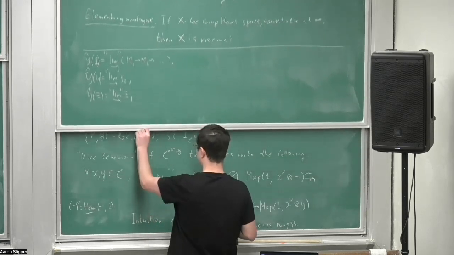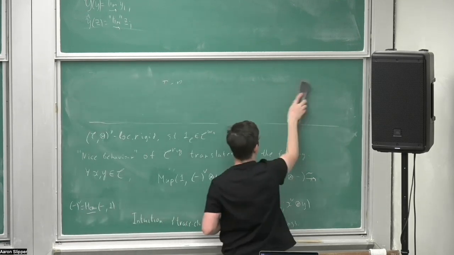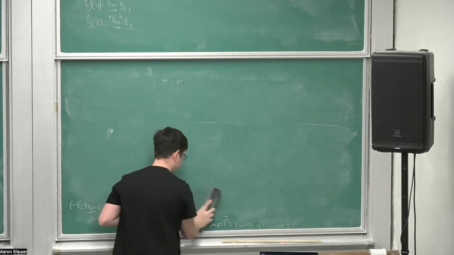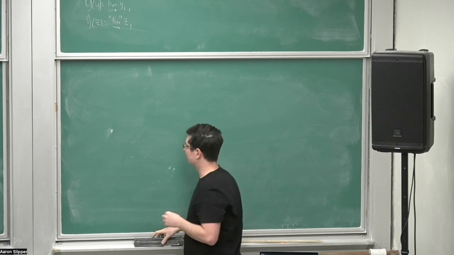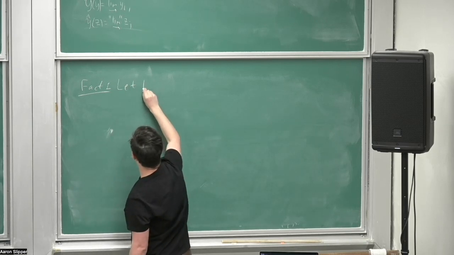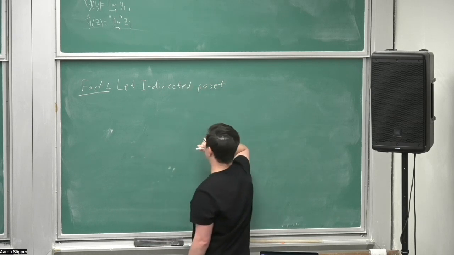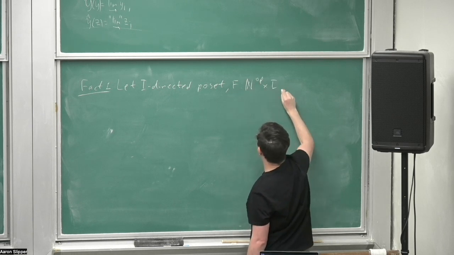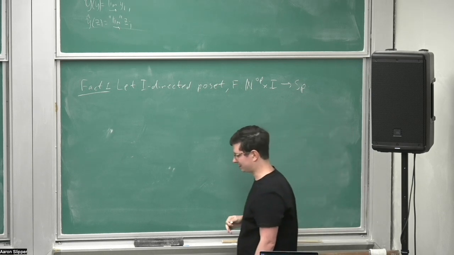Okay, so we're using two facts. Fact one: let I be a directed partially ordered set, and F is a functor from natural numbers with the opposite order cross I to, let's say, spectra, but the target can be any completely cocomplete category.